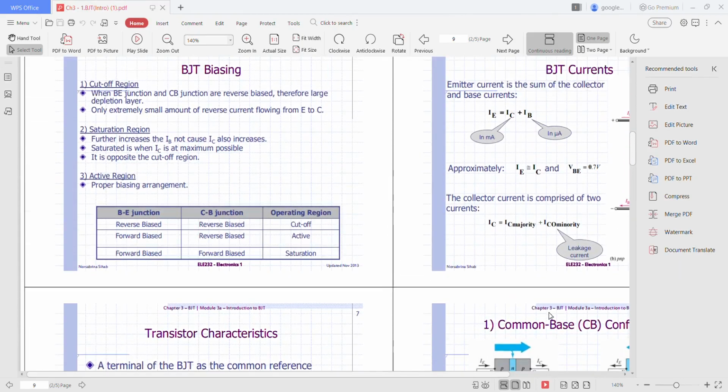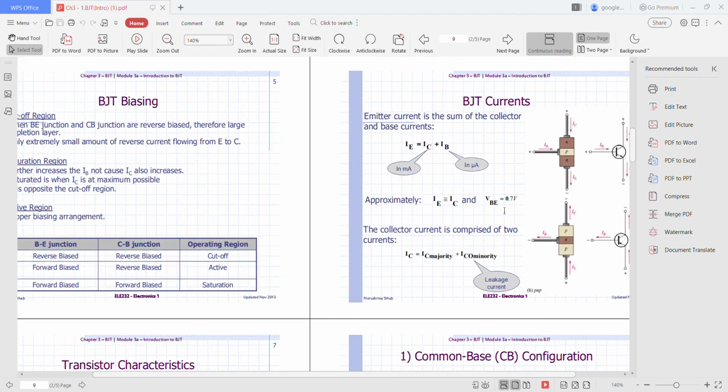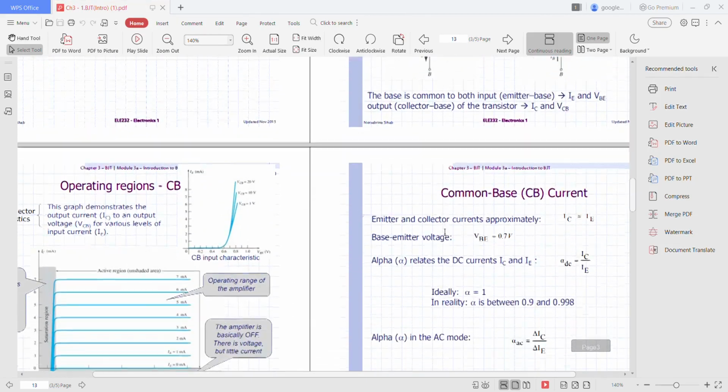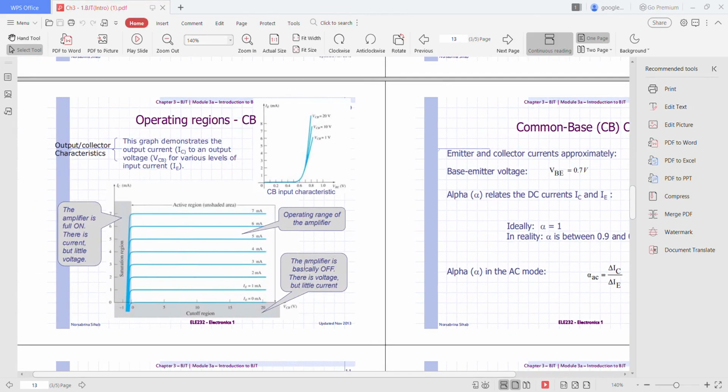I just want to show you about this. The VBE value here equals 0.7 volt because it uses silicon. If you change this to germanium, this will be 0.3 volt. Alright, back to the slide for operating region.